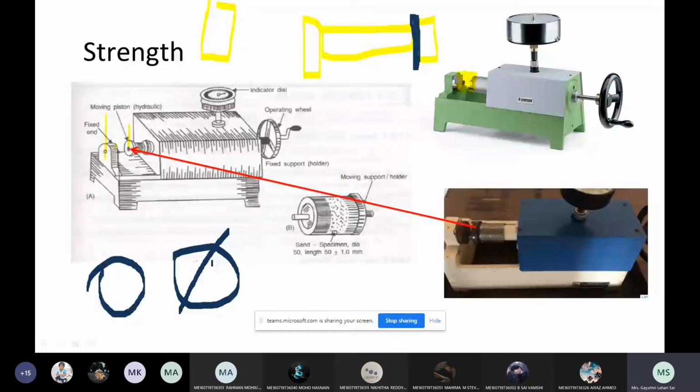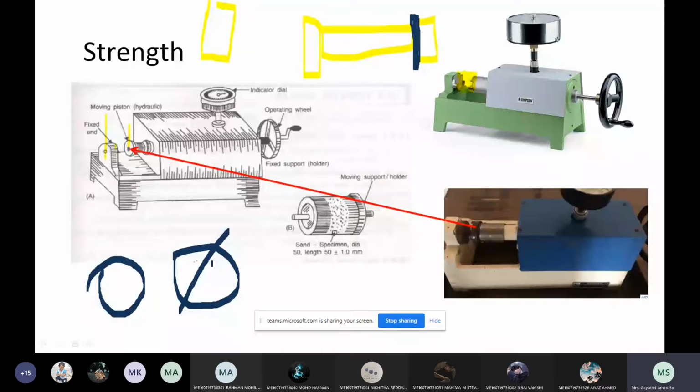So here the specimen will be taken from that sand rammer, and it is put in between the fixed and the movable piston, and you will fix the adapter and apply the force such that it will cause a compression failure. Till it fails, you will be taking the reading on this indicator dial gauge.